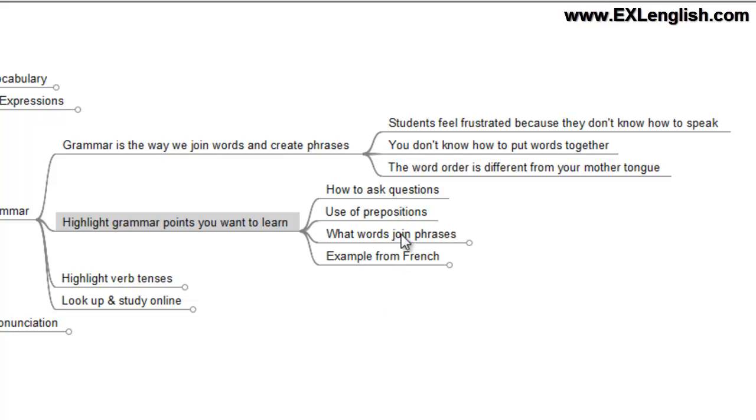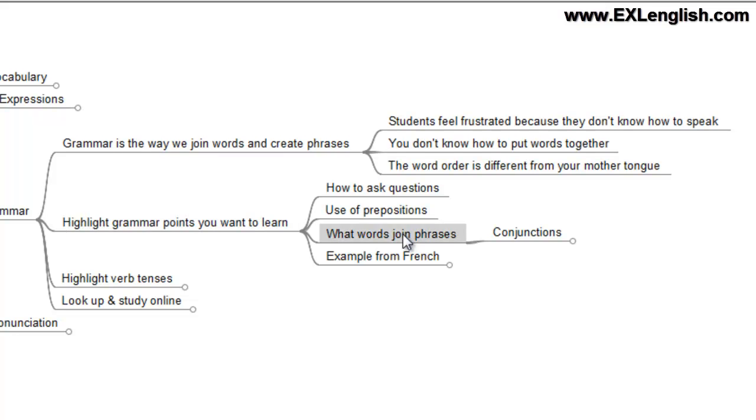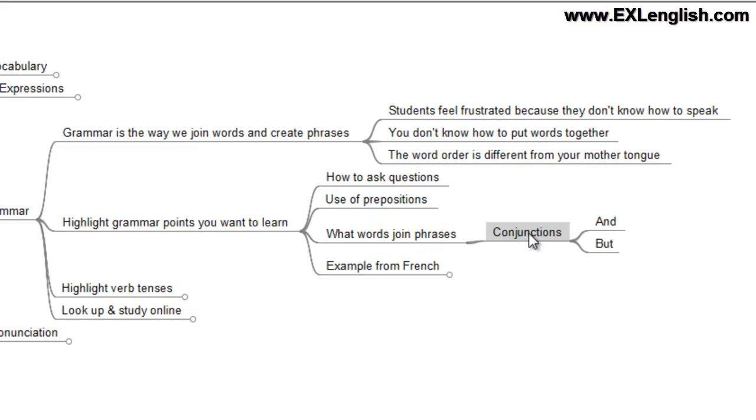So if you want to know what words join phrases, for example, like conjunctions, remember? I mentioned previously where you take short phrases and learn to join them, like Mauri mentioned in his video on 3 tips for speaking better English. So basically what he had to do was learn how to use conjunctions like and, but, or and nor.